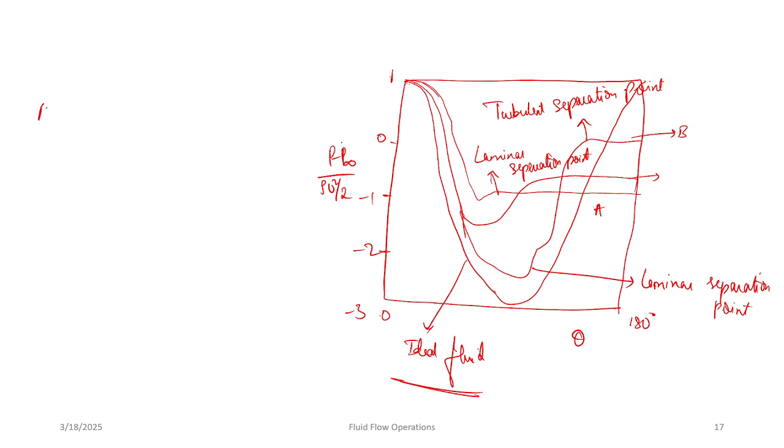A is for Reynolds number between 1.1 into 10 power 5, B is if Reynolds number is 6.7 into 10 power 5, and C is if Reynolds number is 8.4 into 10 power 6. Okay. So this is what the pressure distribution graphs look like.